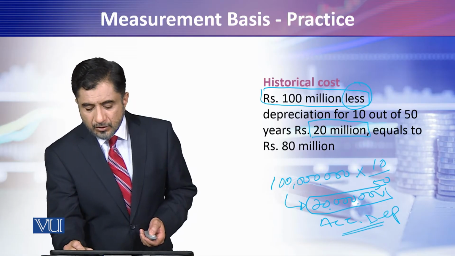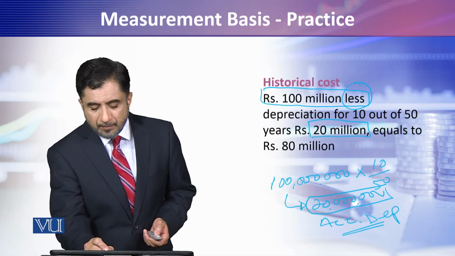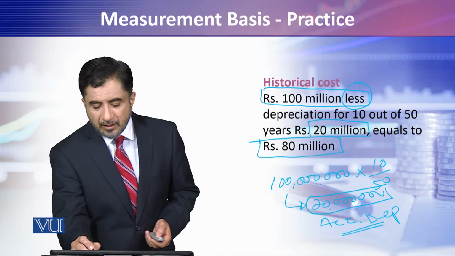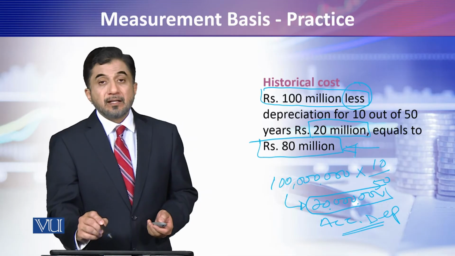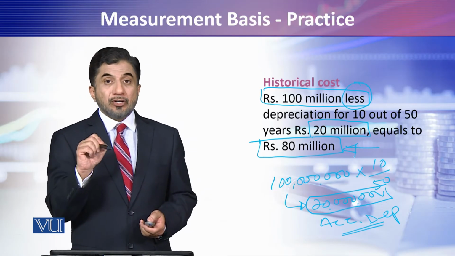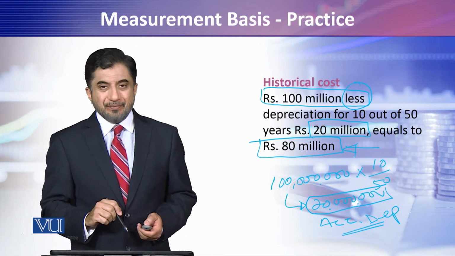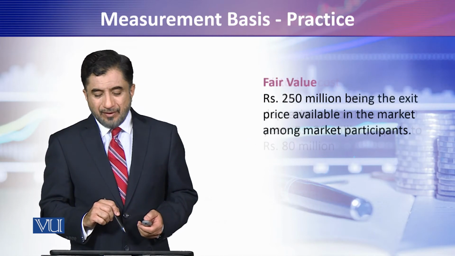After subtracting accumulated depreciation from its transaction price, we get 80 million. This is its historical cost on the measurement date, remember. Got the point? Very good.